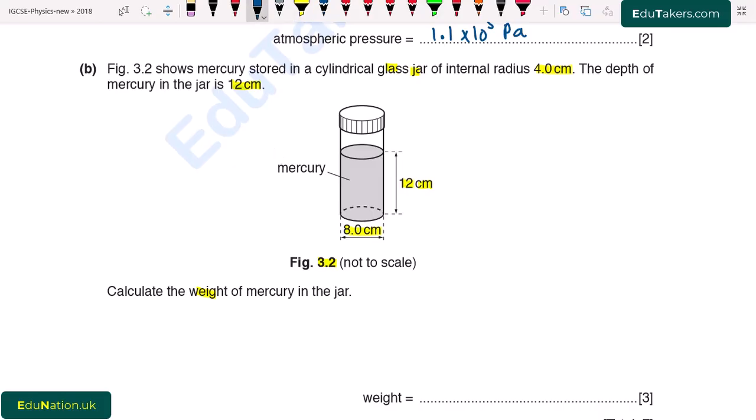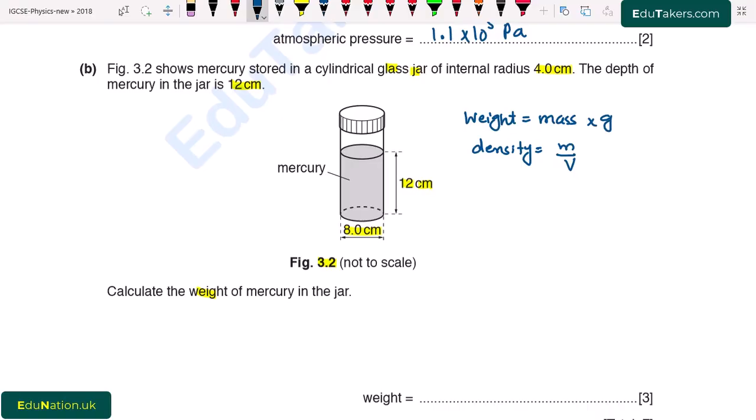So we know that weight is the product of mass and acceleration due to gravity g. We know that the value of g is 10 meter per second square, but we don't know the value of mass. So first of all, we have to find out mass. In the start, value of density is given. So we know that density is equal to mass over volume.